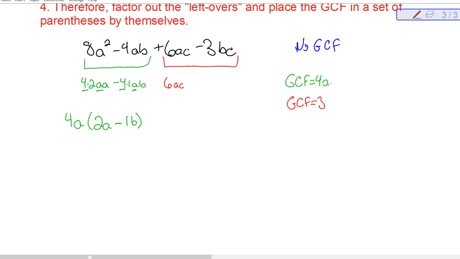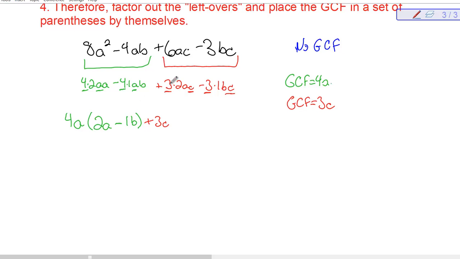Whoops, I need to put that as 3 times 2ac and 3 times 1bc. And I'm going to put a positive there because we had a plus in between. And let's see here, I have a 3 in common, and I also have a c in common. So my greatest common factor is going to be 3c.